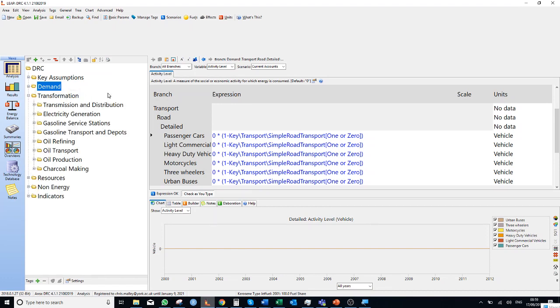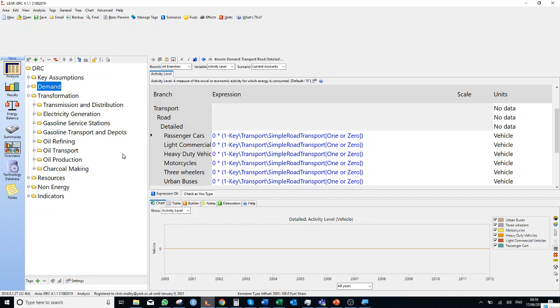LEAP as an energy model is a demand-driven model, which means that in demand we estimate the consumption of different types of fuels, of electricity, gasoline, diesel, kerosene, wood, charcoal. That then gets fed through into our transformation sector, where we estimate the emissions from electricity generation, from oil and gas, from charcoal making.